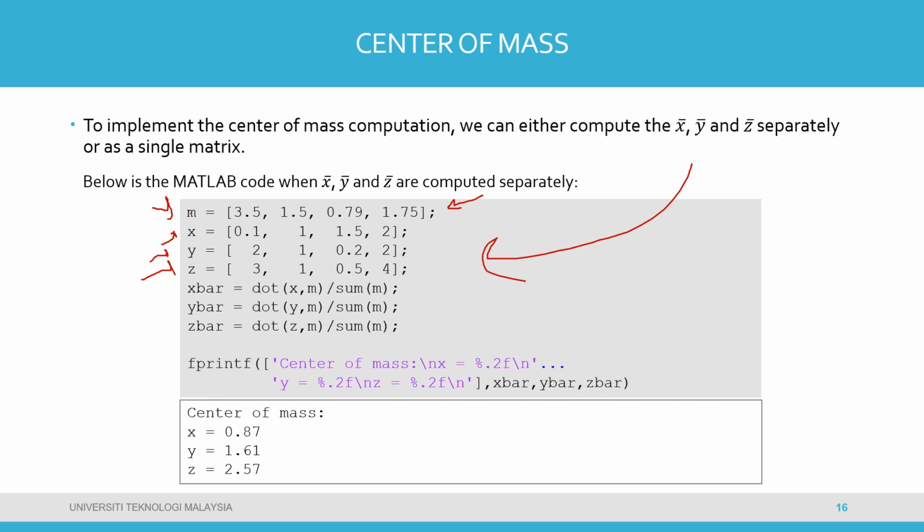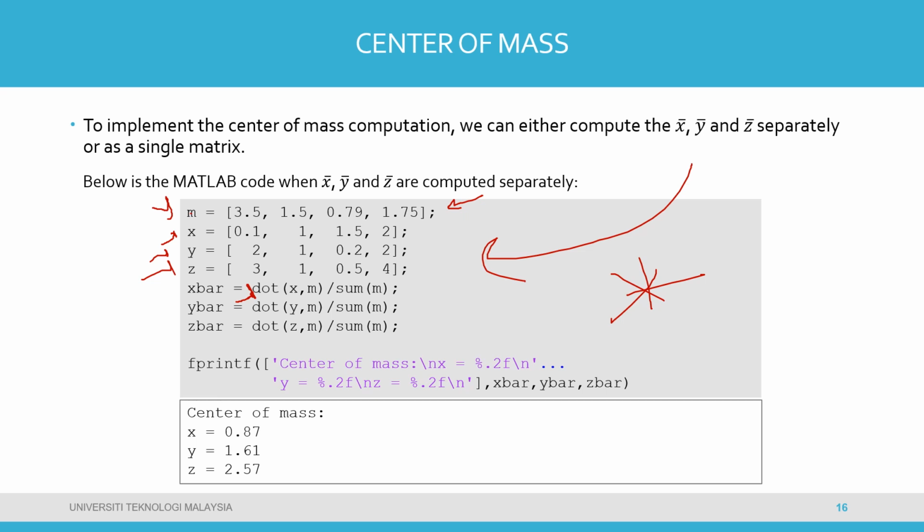So for this case, if you use the dot one, you don't need to put the inverse. Remember that I said when you use the dot, instead of the multiplication, you don't need to make sure that one is horizontal and one is vertical.